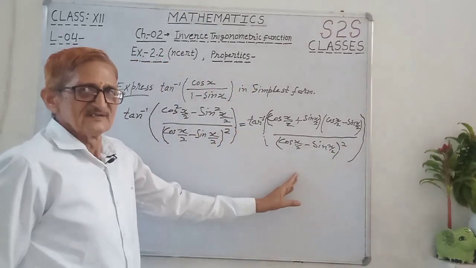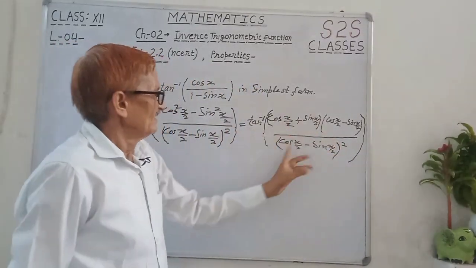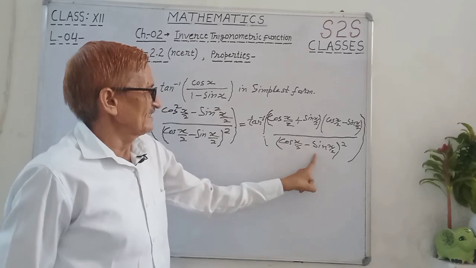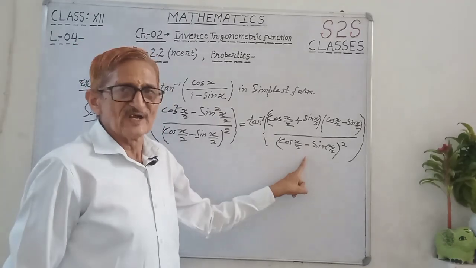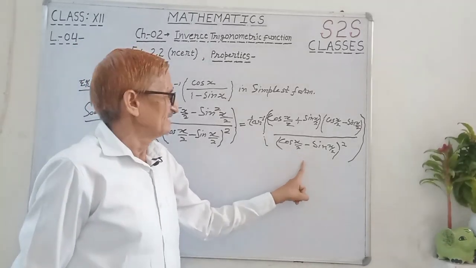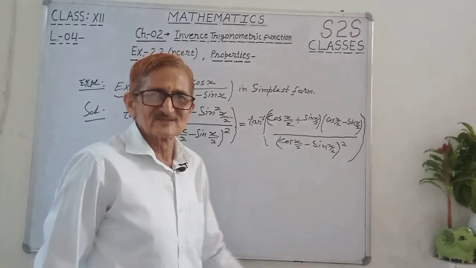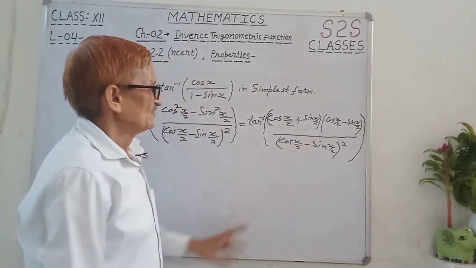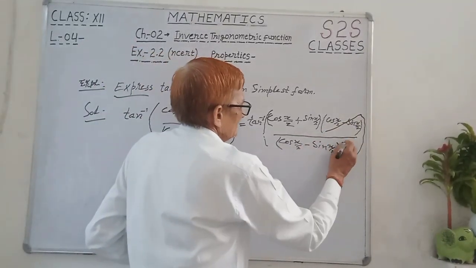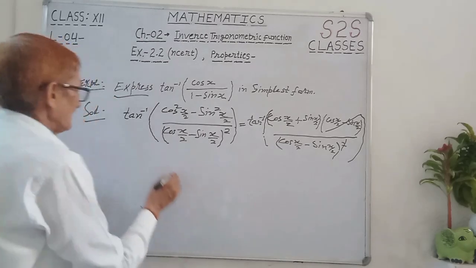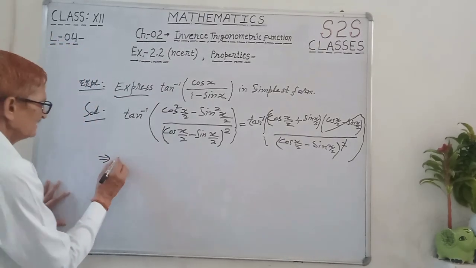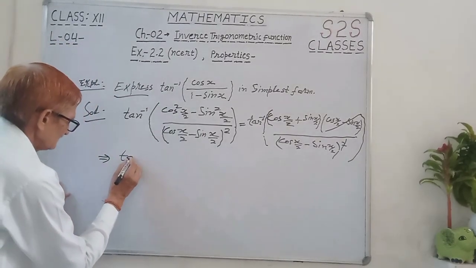Now you see inside this bracket, the denominator has one factor cos x by 2 minus sin x by 2 whole square, meaning a double factor, and the numerator has one such factor. So this factor will cancel with one from the square.